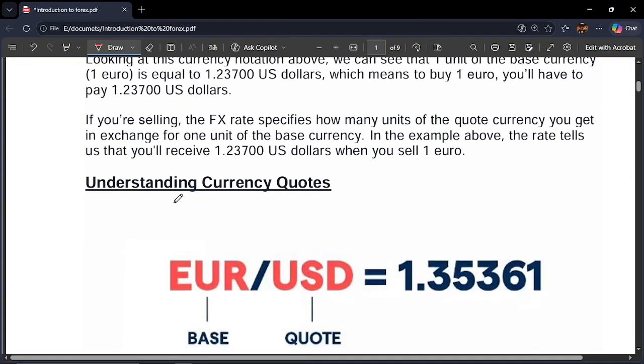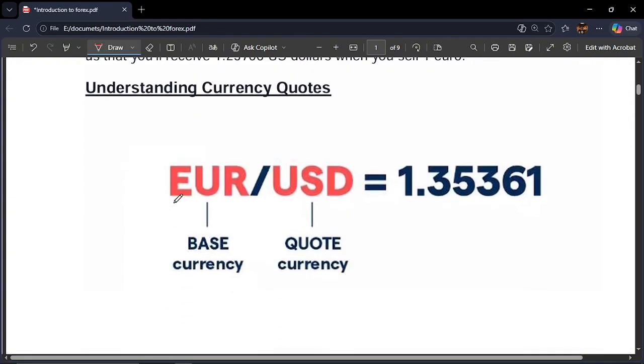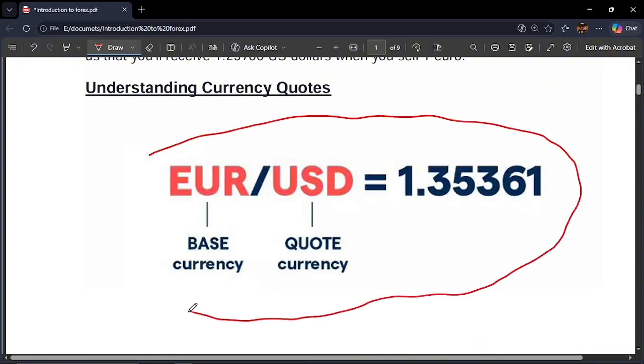Now, understanding the currency codes. As I told you guys, all this is a currency notation because it has a currency pair. It has the rates. As I told you, the currency on the left is the base currency, and the currency on the right is the quote currency, and this is their rate, meaning that one must be having 1.35361 US dollars to get 1 euro, or you sell 1 euro to get this.